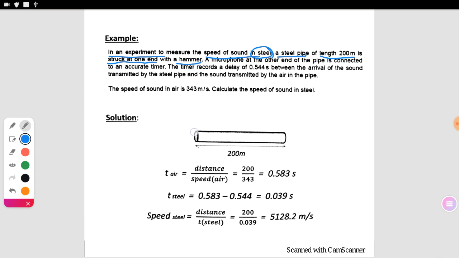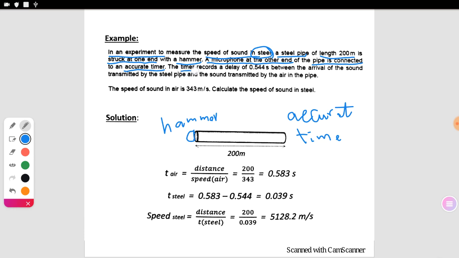This is the first end, with the hammer. What happens at the other end? The pipe is connected to an accurate timer at this end. At one end, the hammer; at the second, the accurate timer.